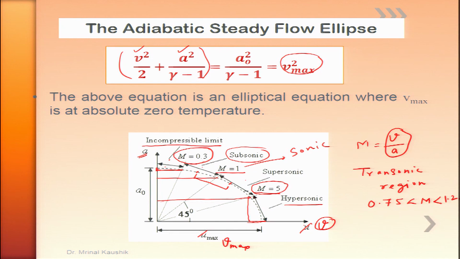Furthermore, we should also see why we have defined hypersonic flow exactly at 5. Why not 4.99, 4.98, 4.97, and not 5.01, 5.02? Please see the discussion we have just seen: as the Mach number increases, the change in Mach number is primarily dominated by the change in speed of sound and secondarily by the speed of the flow.